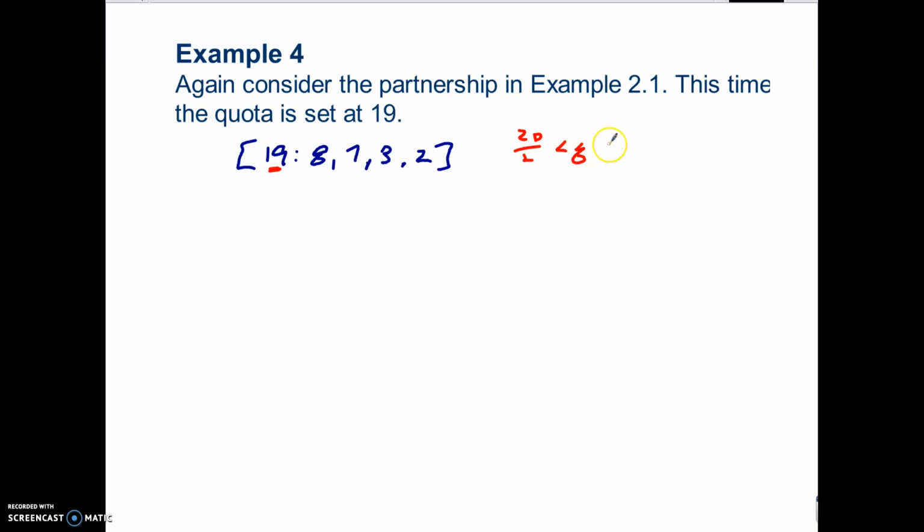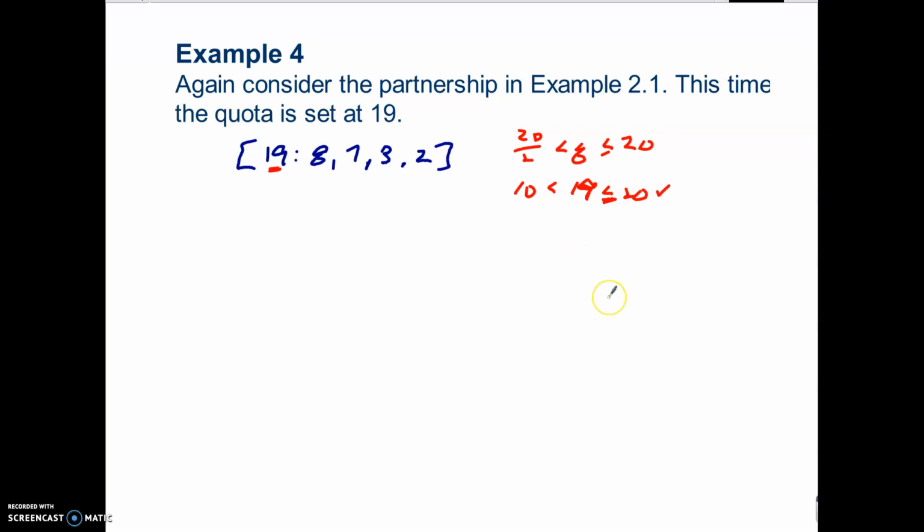And then the quota also has to be less than or equal to the total number of votes. So 20 divided by 2 is 10. And my quota is 19. And that's less than or equal to my total number of votes, which is 20. So my quota fits the acceptable range of values for a quota.